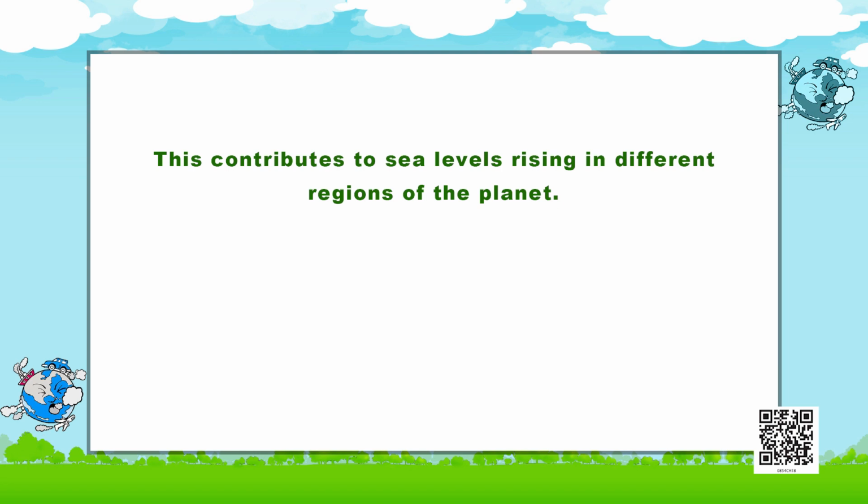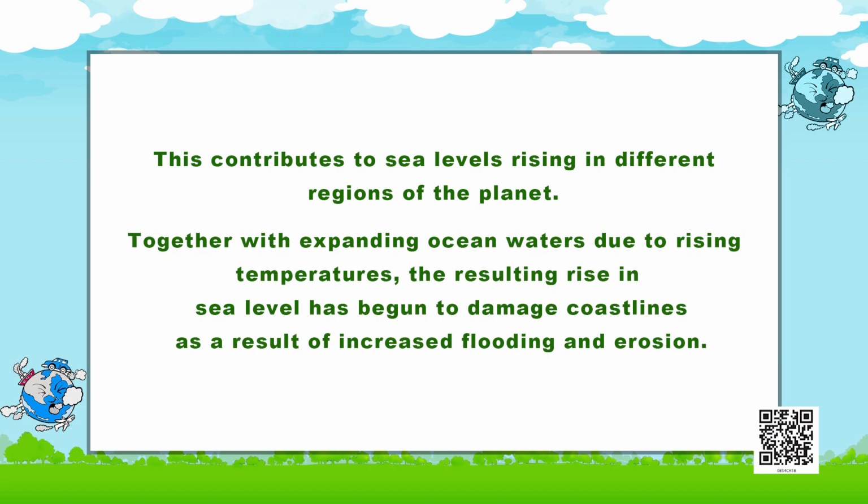This contributes to sea levels rising in different regions of the planet. Together with expanding ocean waters due to rising temperatures, the resulting rise in sea level has begun to damage coastlines as a result of increased flooding and erosion.